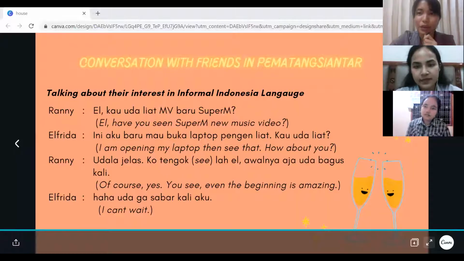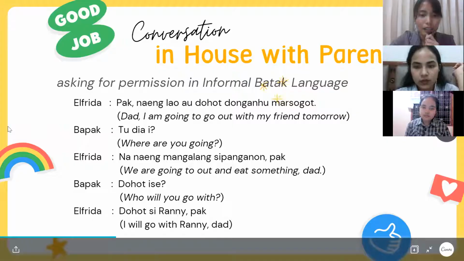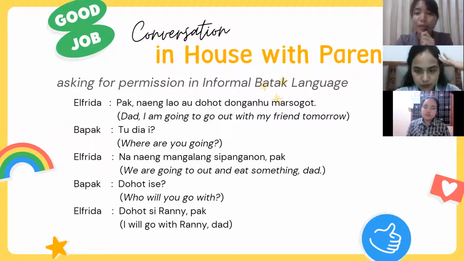Okay, so here's the first example, where Elfrida asks for permission in informal Batak language. As you can see here, she used informal Batak with her father because Elfrida knows her father well, and she has a good relationship with her father.